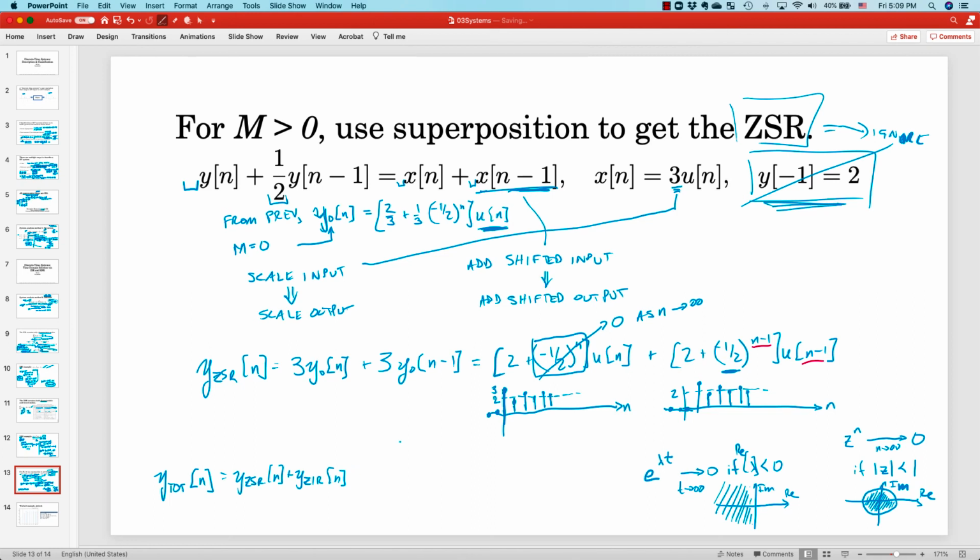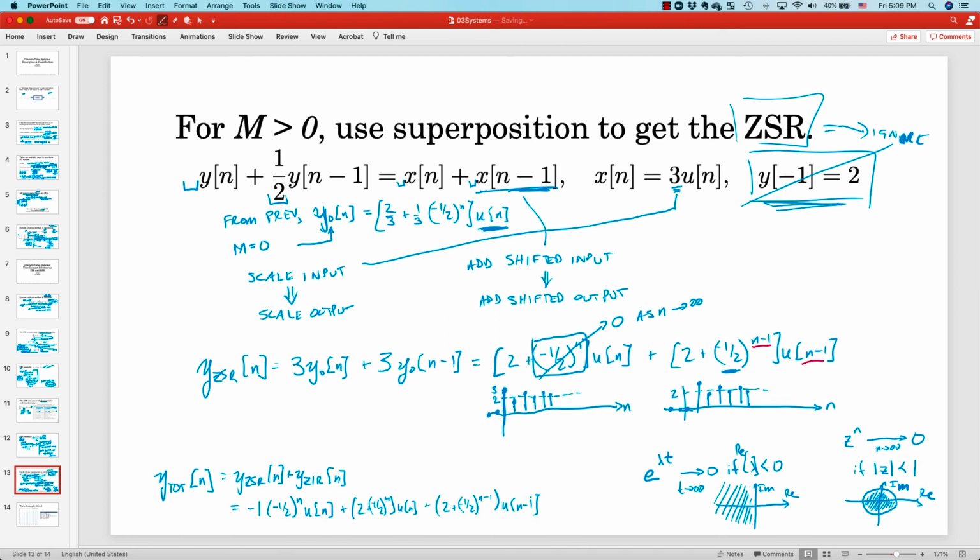Okay, so if we plug in our numbers, we get the ZIR, which was -1 times -1/2 to the n, and that was valid for n's greater than or equal to 0, plus 2 and -1/2 to the n, starting at time equals 0, and 2 plus -1/2 to the n minus 1, starting at n minus 1.